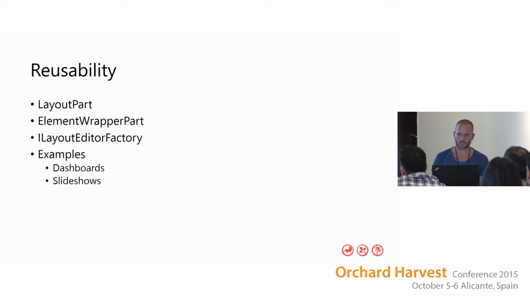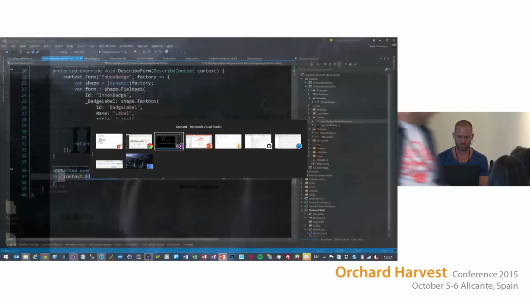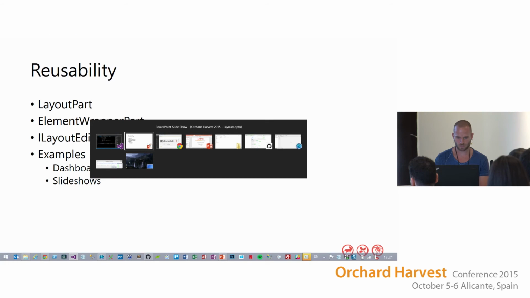And of course, this is extensible, as you've just seen, but you can also reuse some of the parts. For example, if you implemented your own element type, and you wanted to use it as a widget, you could do that using the element wrapper part, which is a content part that you attach to your custom type.